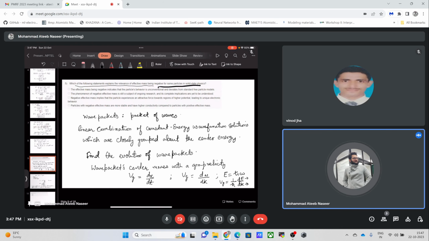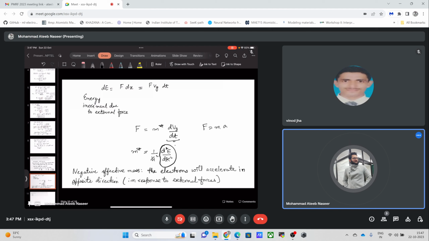It says that an effective mass being negative indicates that the particle's behavior is unconventional and deviates from standard, which is cross. The phenomenon of negative effective mass is still a subject of ongoing research, false. Negative effective mass implies that the particle experiences attractive force towards the regions of higher potential, leading to unique electronic behavior. This is absolutely what we meant.